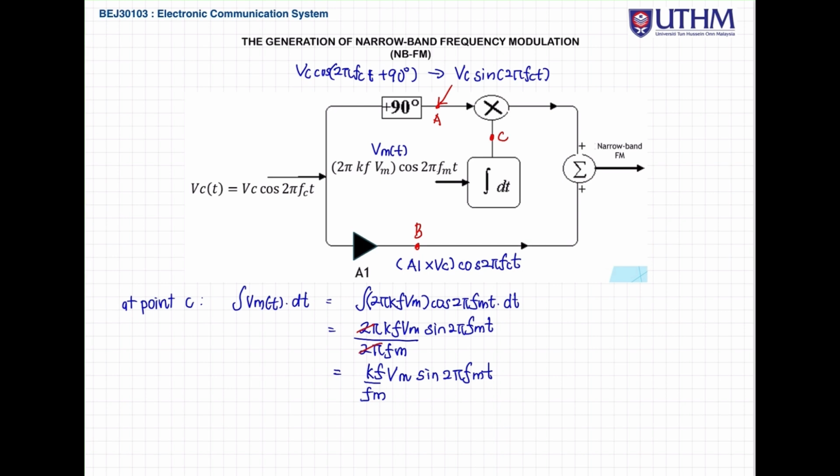Now what happens at point D, when the phase-shifted carrier is multiplied with the integrated modulating signal?